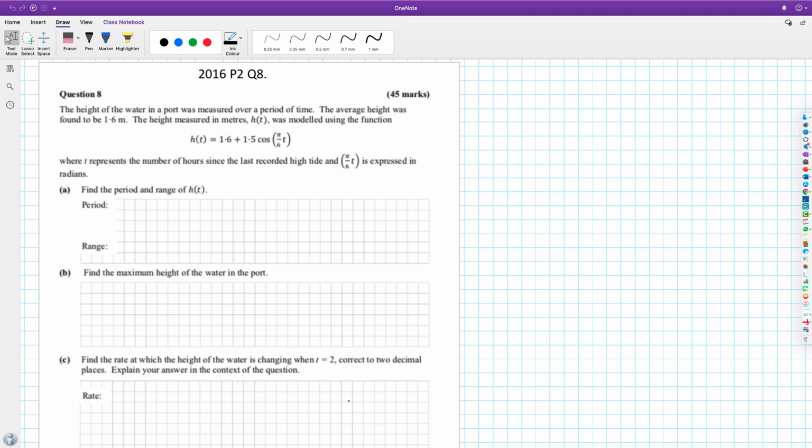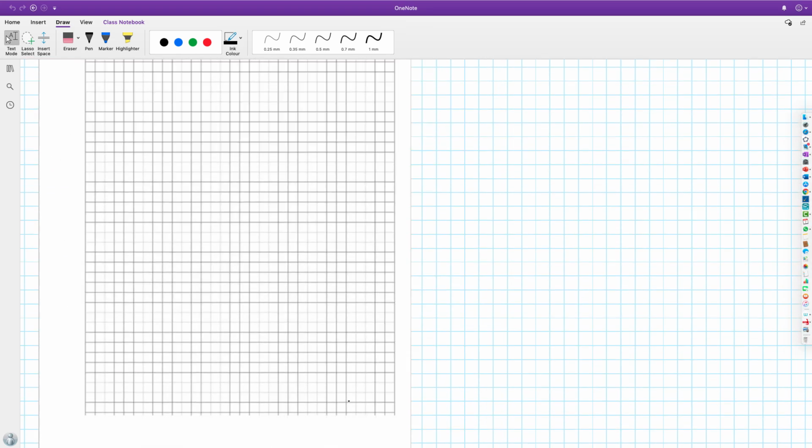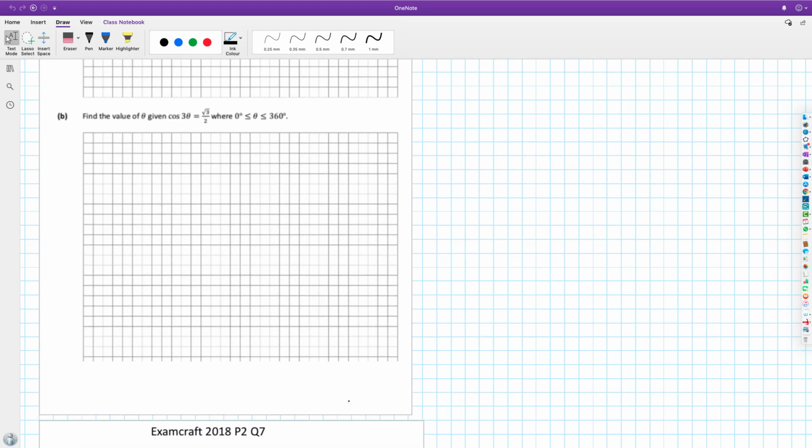Right, let me correct that for you on the last bit. There's a unit circle, C A S T. 3 theta is equal to, the cos of root 3 over 2 is 30 degrees, is it? So up here and out here, this is going to be 30 degrees, and this is going to be 330 degrees.